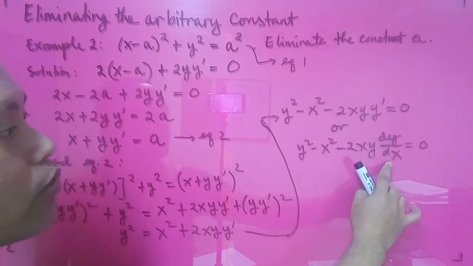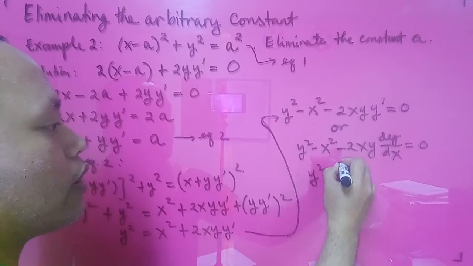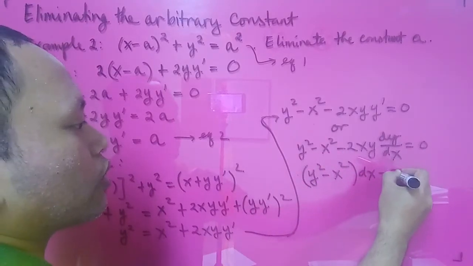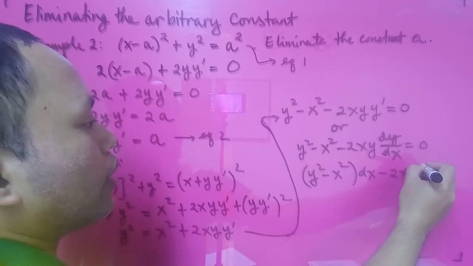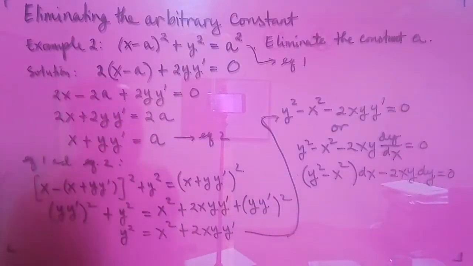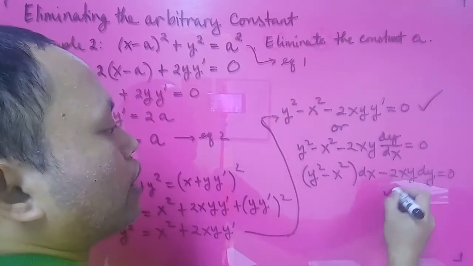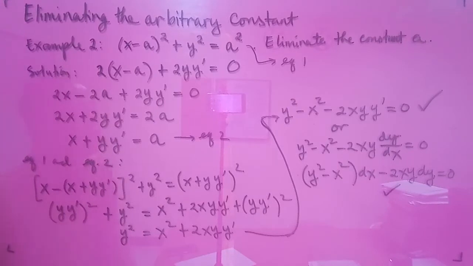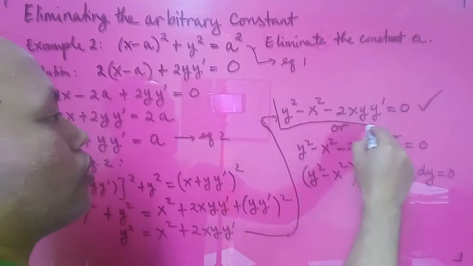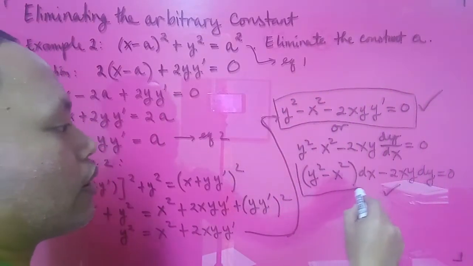And then this dx multiplied to this part, that becomes (y squared minus x squared) dx minus 2xy dy is equivalent to 0. So we can have this one as our final answer, or we can have this one as our final answer. So it's up to you for your final answer.